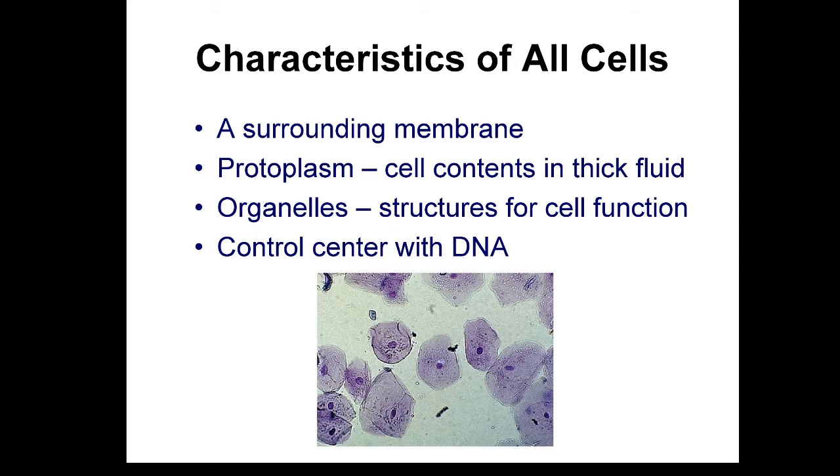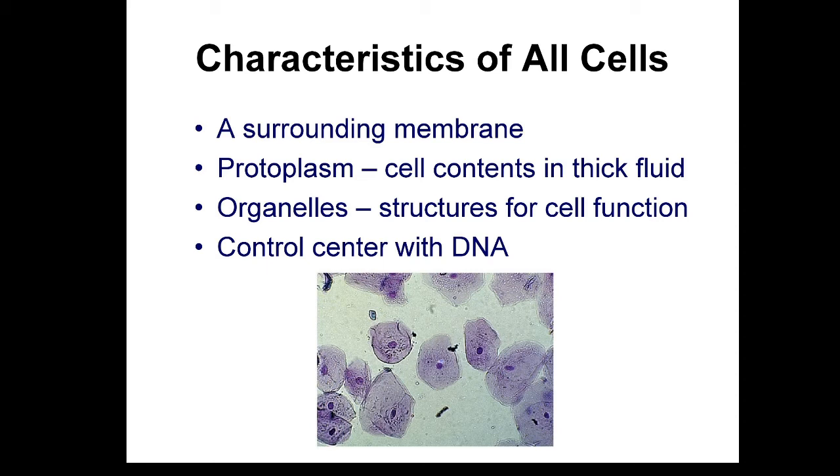Next, coming to the characteristics of all cells, any type of cell. The first is that all cells are surrounded by biological membranes, and the cell inside the membrane is known as a protoplast. Inside this membrane there is a thick fluid-like substance we know as protoplasm. It is the actual cell content, which is thick in nature, and inside this protoplasm a number of small structures with particular functions are present.